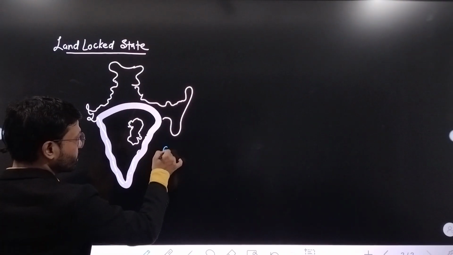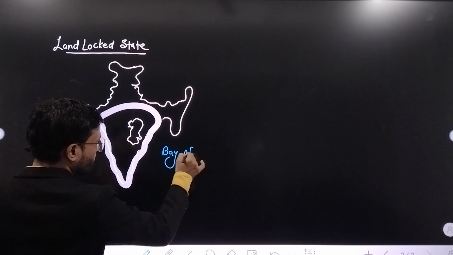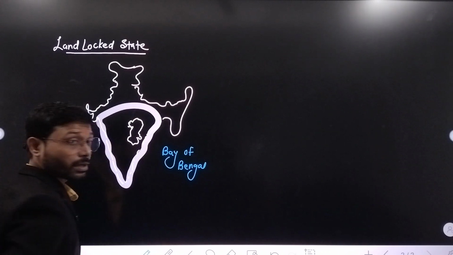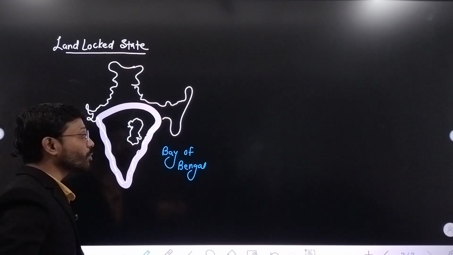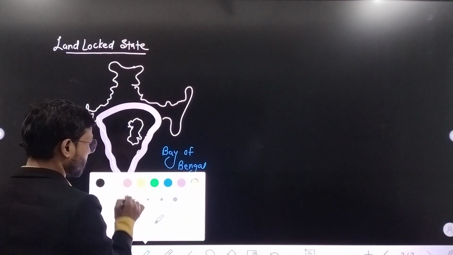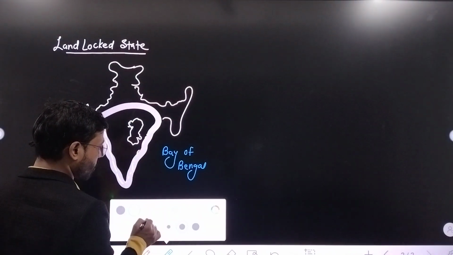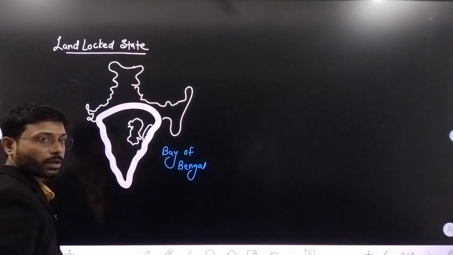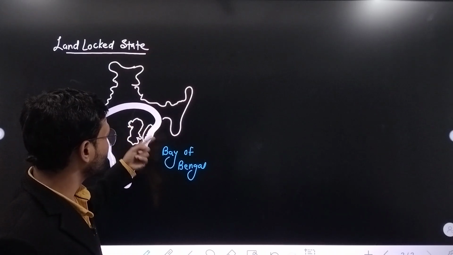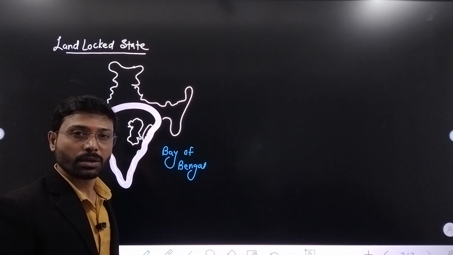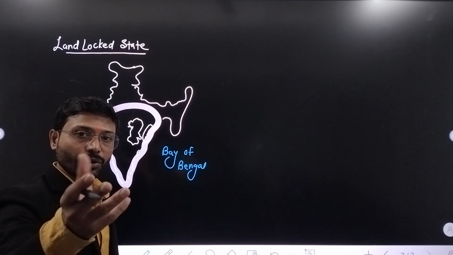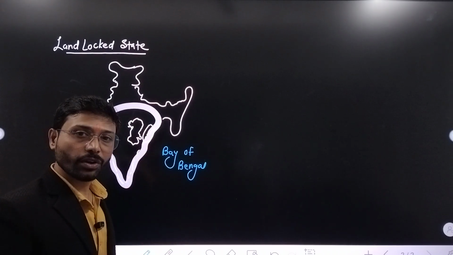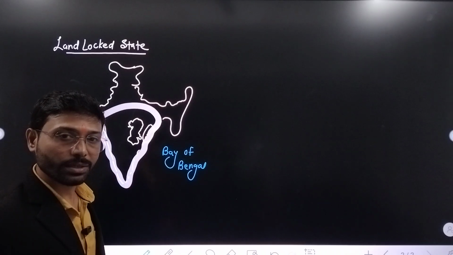Why? Because the Bay of Bengal is here, but the Bay of Bengal shares its boundary with Orissa. Somewhere here you will get Orissa, which separates Chhattisgarh from the Bay of Bengal. It means Chhattisgarh is not sharing its boundary with the Bay of Bengal. There is no such coastline.